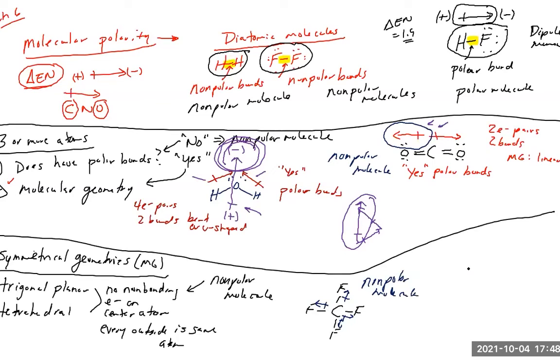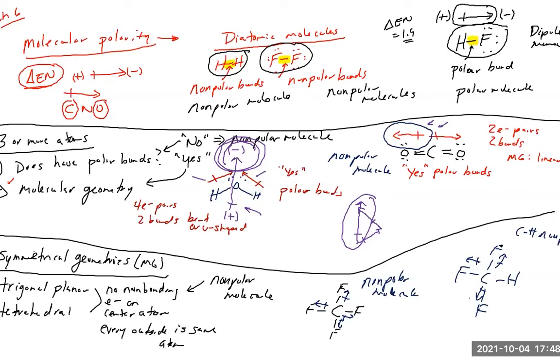Now, what happens if I take one of those fluorines and replace it with a hydrogen? In this case, we will still have those three polar bonds. A reminder that the bond between carbon and hydrogen is non-polar, a 0.4 difference.